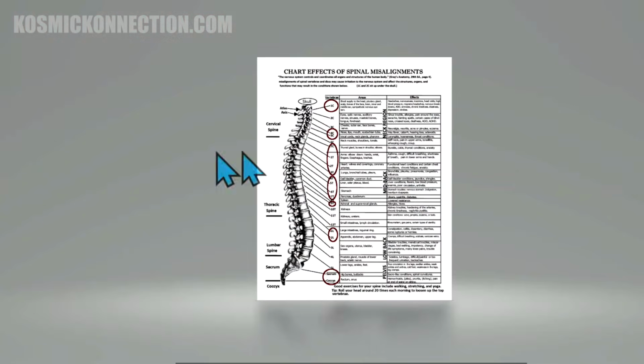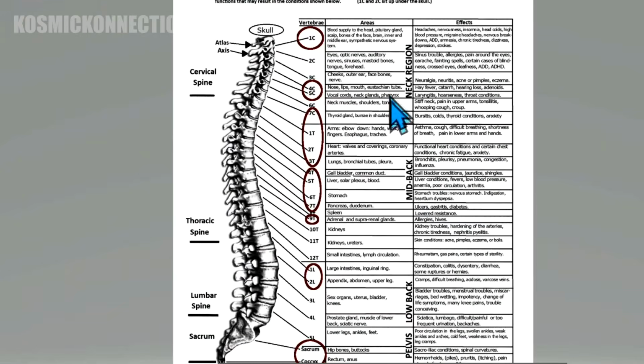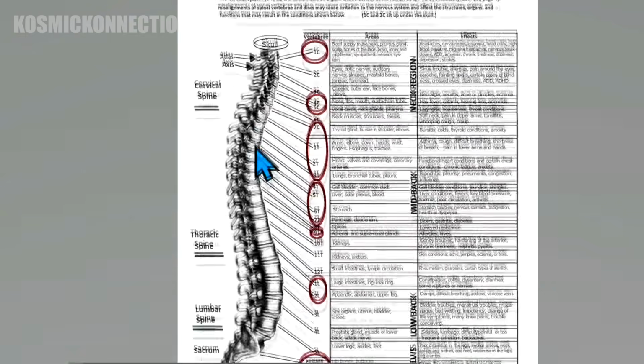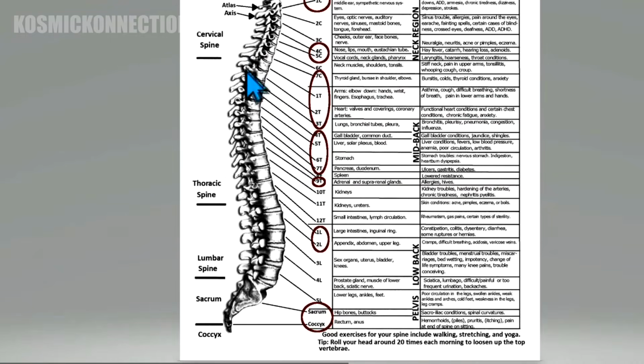Now, let me pull up this chart. We've developed this chart specifically for these hand readings. So you can see here your cervical spine in that area. And then, of course, we get down into the thoracic, lumbar, and then that bottom part, the sacrum and coccyx.